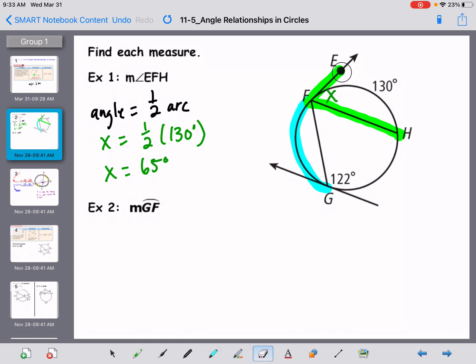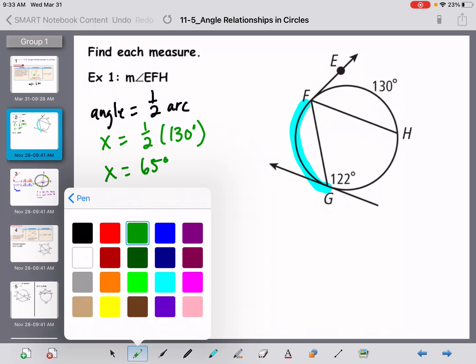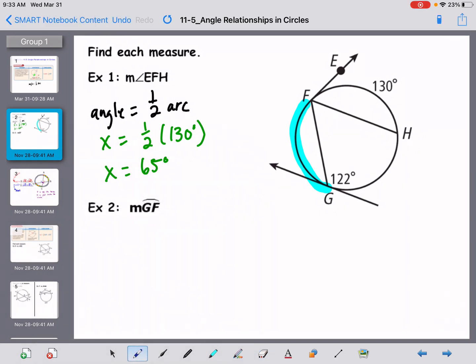Let me erase this over here and get it out of the way, so I don't want your attention drawn to that. So EF is there, and here's a point, and then down here's the point. Here's where my connection is.